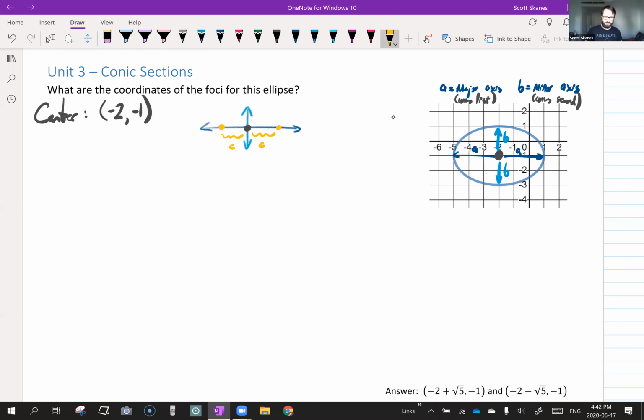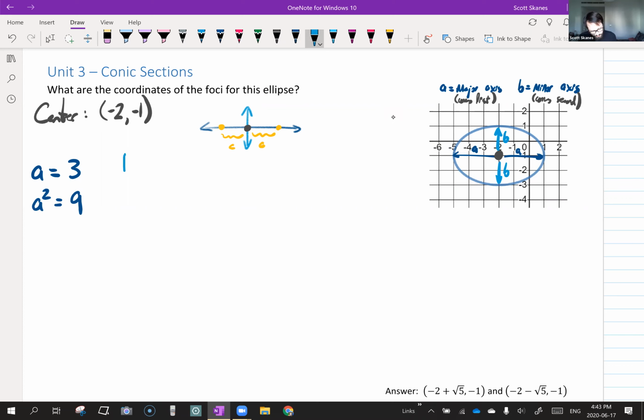But I'm getting ahead of myself. Let me show you the other pieces. What's A? A is the length of the major axis, or at least half the major axis. It's half of this. What's that distance? It looks like 1, 2, 3 to me. A is 3. 1, 2, 3 on both sides. So A is 3. And I'm going to square it because we always like to get the squared answer, A squared.